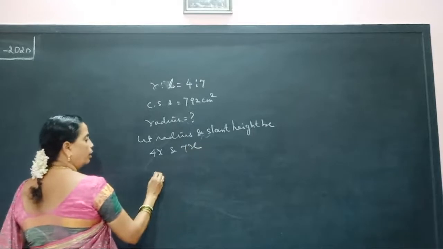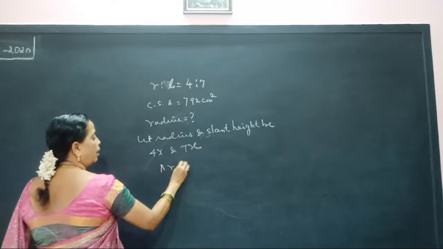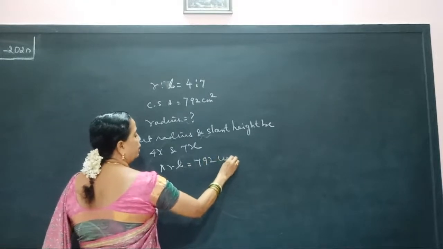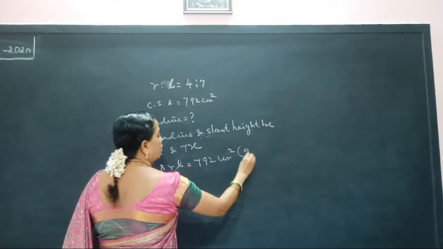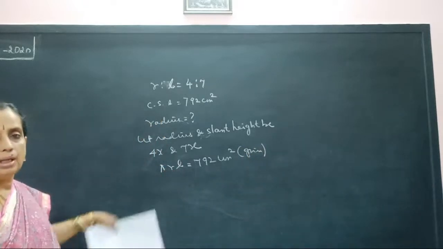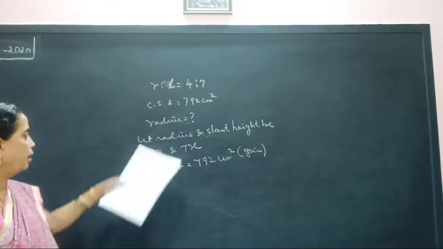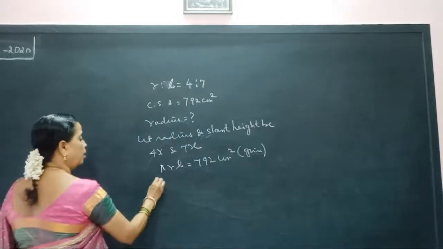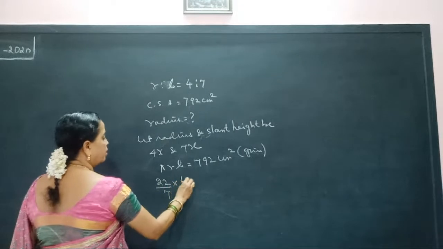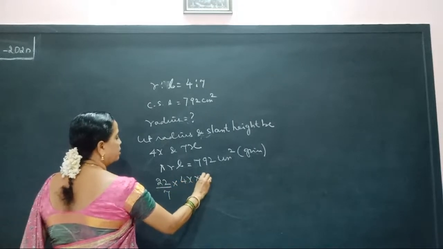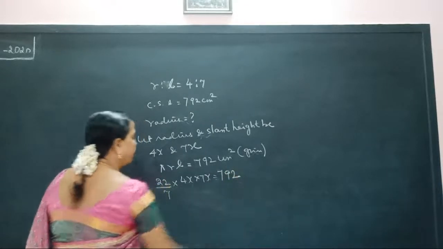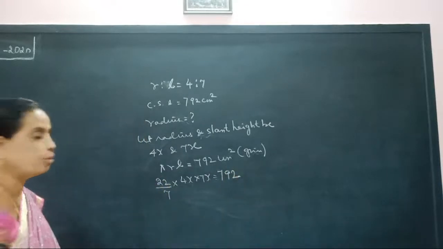And we know that pi RL equals 792 centimeters square, the curved surface area of the cone that is given. Let us substitute R and L in terms of x only. 22 by 7, radius is 4x and slant height is 7x, equals 792.